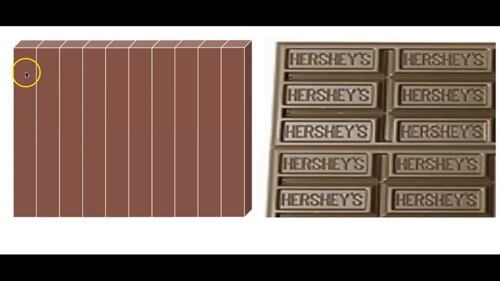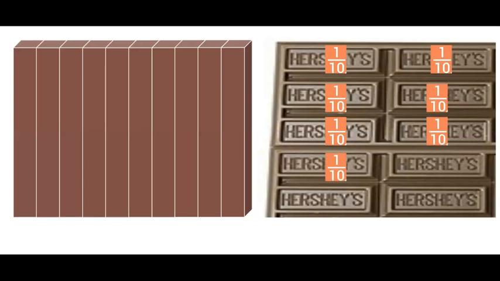So each one of these pieces is 1/10 or 1 out of 10 total. So each one of these pieces of Hershey's candy bar is 1/10, 1 out of 10 total pieces. 1/10, just like that. And that is how we write 1/10.